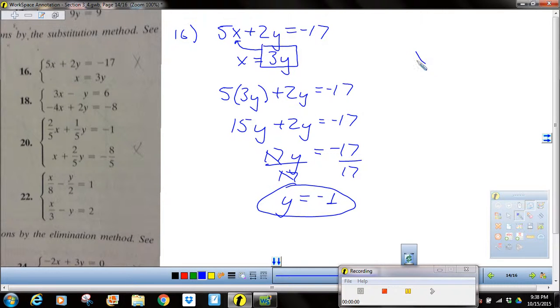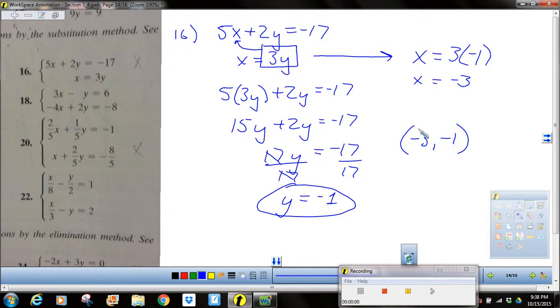So x is equal to 3 times -1, which is -3. That's what x is. So the ordered pair that would be a solution for this is -3, -1.